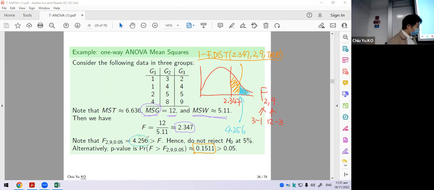So what does that mean? It means that the three group means are not different. So we don't need to treat them differently, right? Suppose there's data of, I don't know, 3 different shops, the sales, right? In that case, we don't need to carefully design how to work with these 3 different stores.